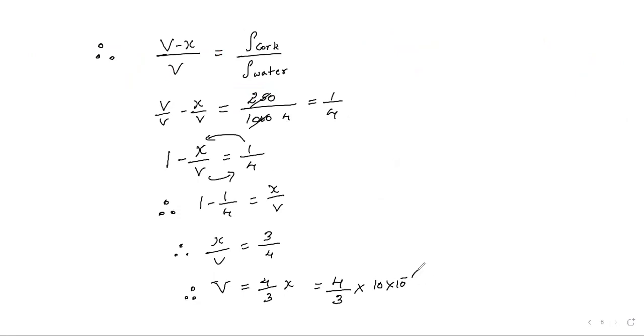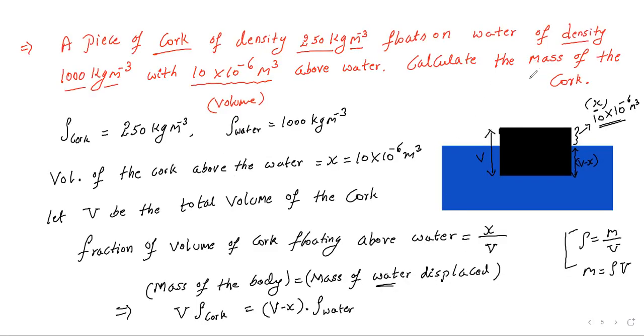So the total volume of the cork we found now is 1.33 into 10 power minus 5. Minus 6 plus 1 gives minus 5, meter cube. We found the total volume, but what the question asks is to find the mass of the cork.